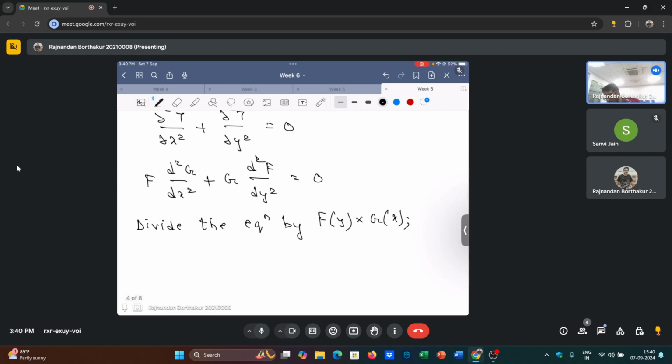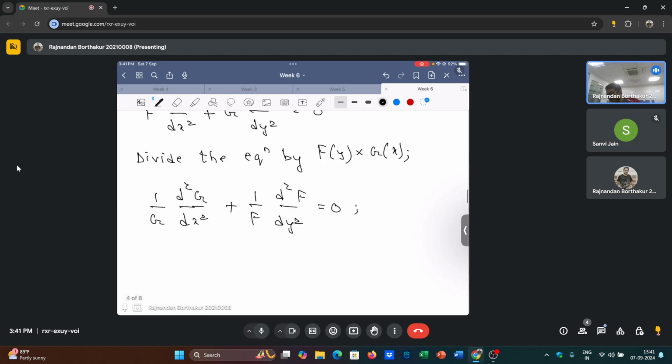We can see that this will become 1 by g times d2g by dx2 plus 1 by f times d2f by dy2, and this is equal to 0.